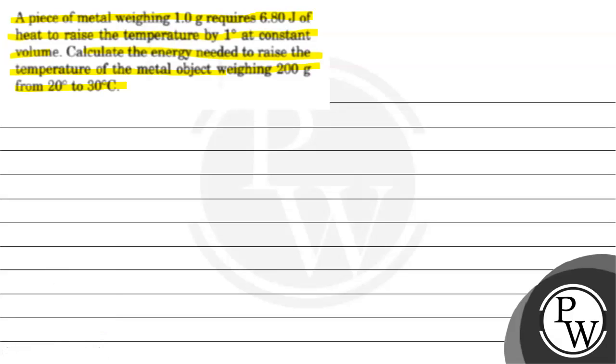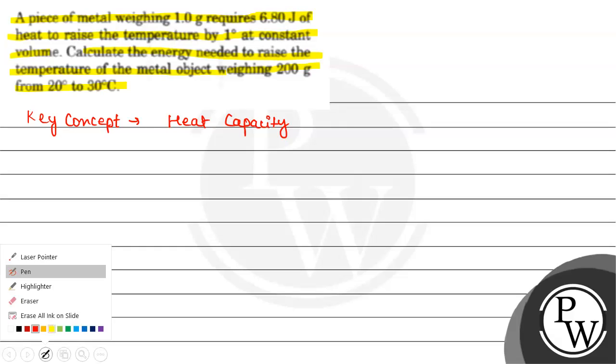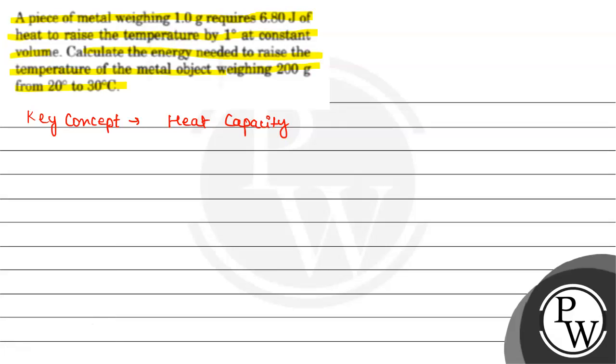So the key concept of this question is heat capacity. हीट कैपेसिटी क्या होता है? Heat capacity: the amount of heat required to raise the temperature of a substance by 1 unit.